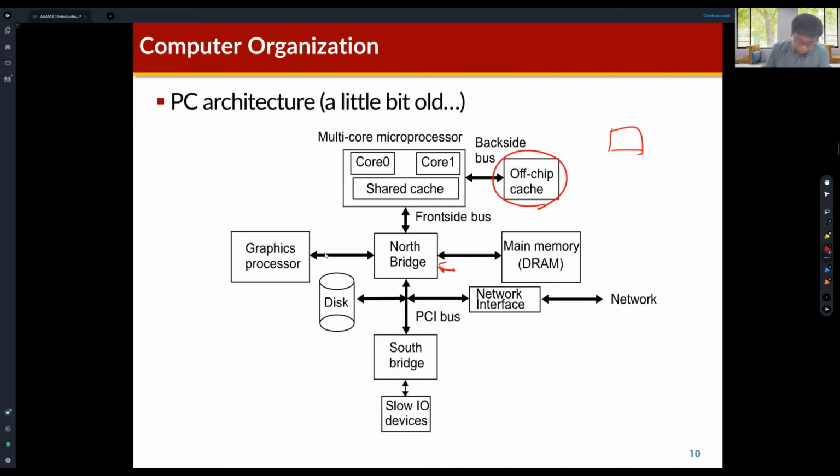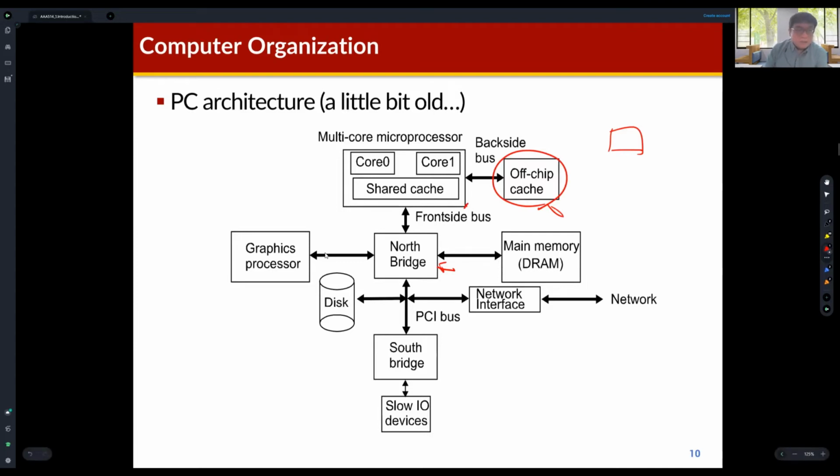It looks very weird, but because this is an old computer system, we could not include a level 2 cache inside the single CPU chip.